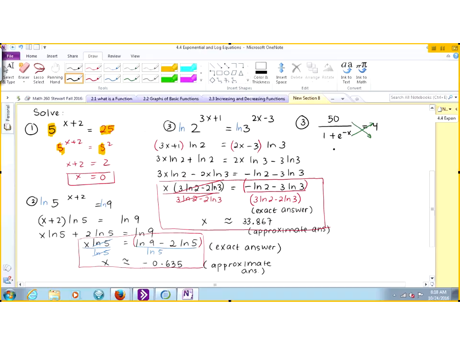This is the proportion. So 50 is equal to 4 times 1 plus e to the negative x. All right. So distribute: 50 is equal to 4 plus 4e to the negative x.